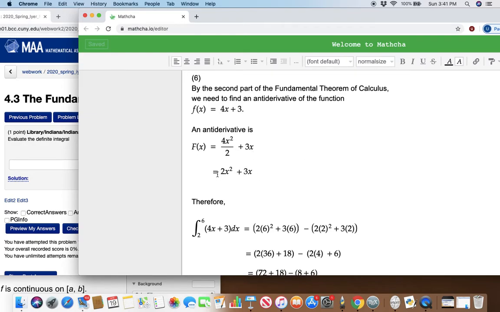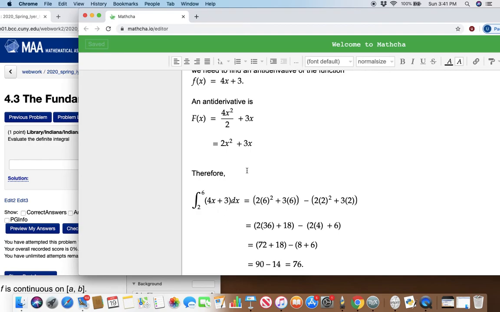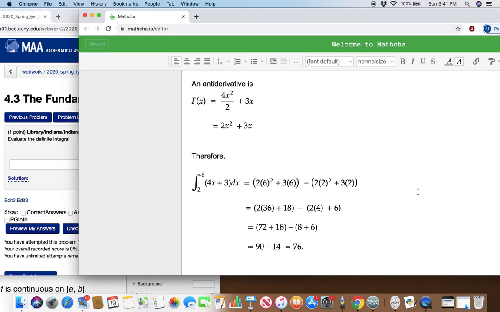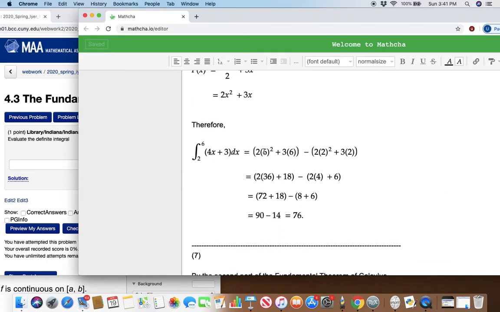So that's the expression. I want to evaluate at 6 minus that same expression evaluated at 2. So that's 2 times 6 squared plus 3 times 6, minus, 2 times 2 squared plus 3 times 2. Don't forget these extra parentheses. That way the minus applies to everybody after.